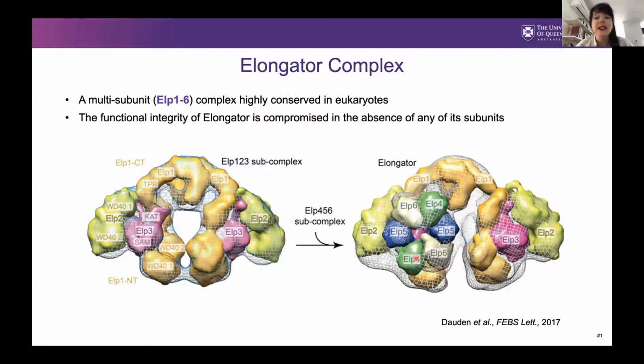The complex was initially discovered as a transcriptional regulator, as its catalytic subunit ELP3 is a histone acetyltransferase and is capable of acetylating all core histones in vitro.